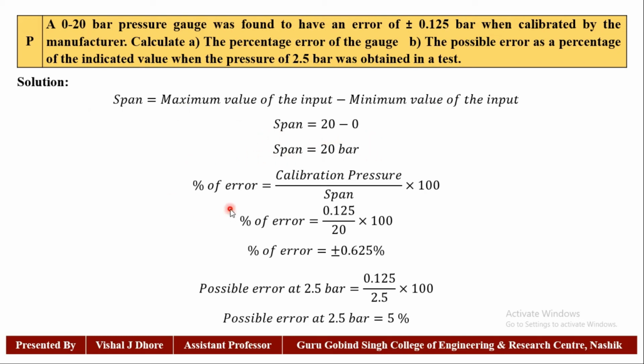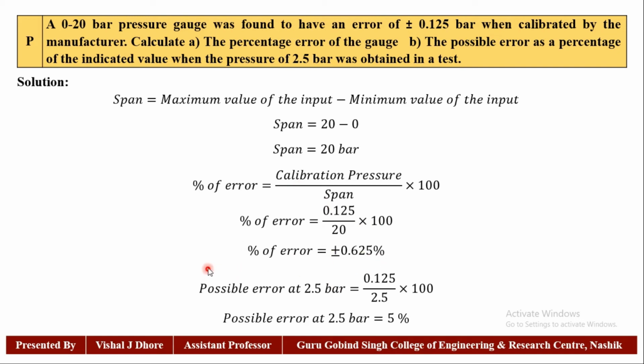The percentage of error is the calibrated pressure error divided by the span, into 100. The calibrated pressure error is plus minus 0.125 bar, so 0.125 into 100 divided by the span of 20. So the percentage of error is plus minus 0.625%.